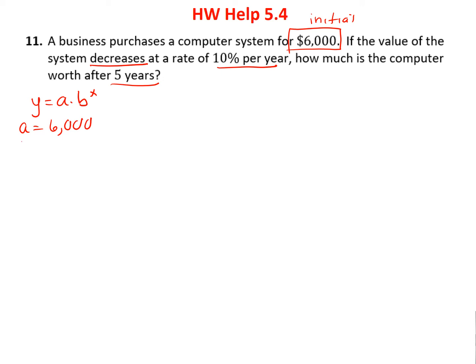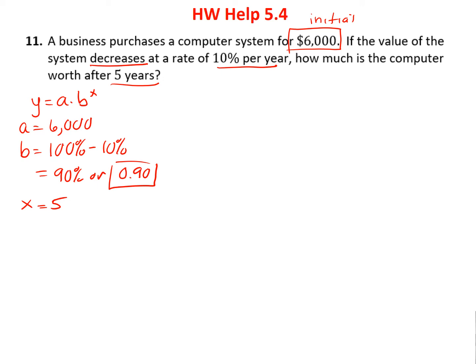Our rate, in this case, is a decay rate. It starts at 100%, but it goes down 10% every year. So 100% minus 10% is 90%, or 0.90 is my decay rate. And then x is the number of years, and that's going to be 5.